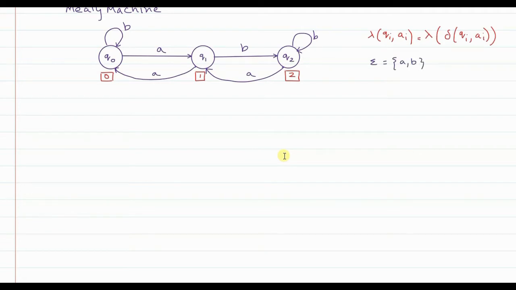Then the output alphabet happens to be 1, 2 and 3. These are the only 3 possible outputs that you get, and the set of states in this particular Moore machine are only 3, that is Q0, Q1 and Q2.